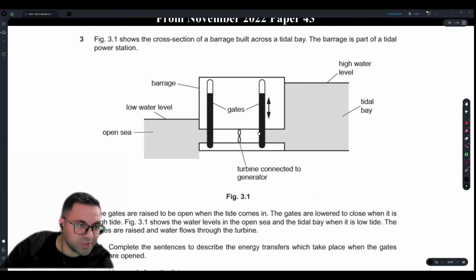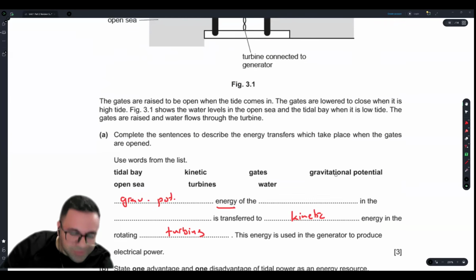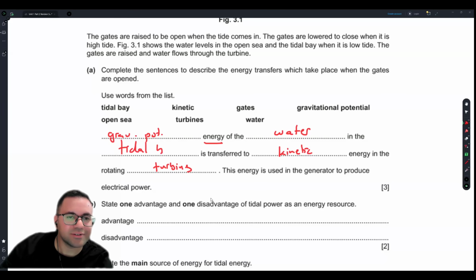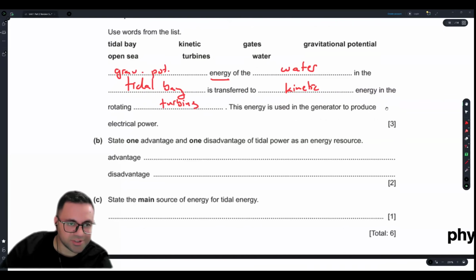Tidal bay, not in the open sea, in the tidal bay. So that's why it looks a bit confusing because that empty spot is something in the diagram. So gravitational potential energy of the water in the tidal bay, right, is transferred to kinetic energy in the turbines, which is then used to generate electricity.